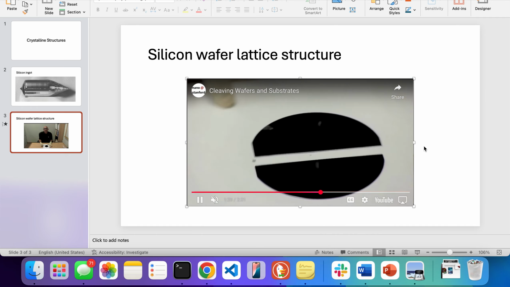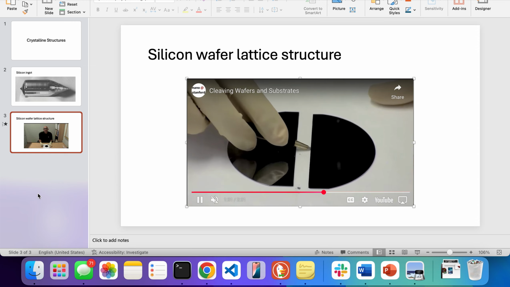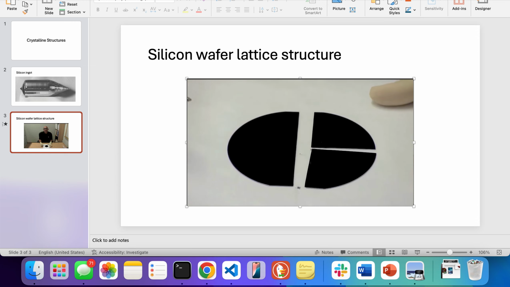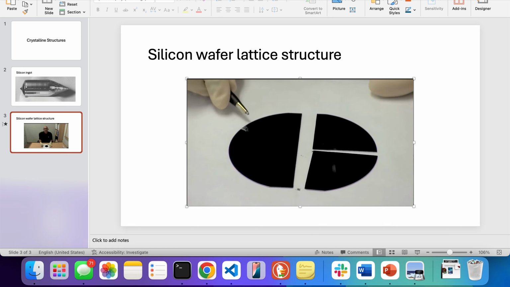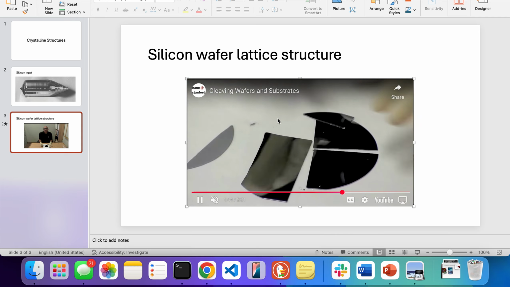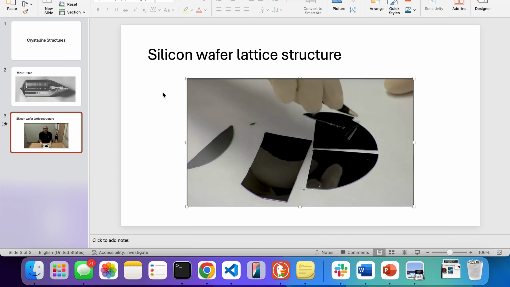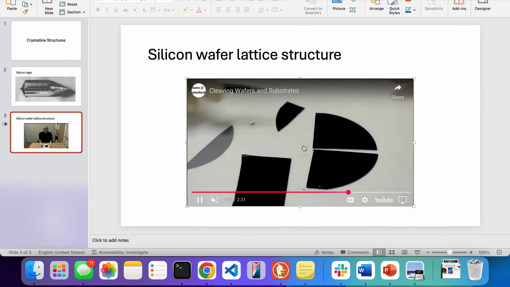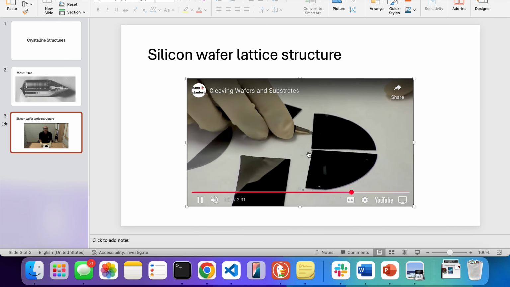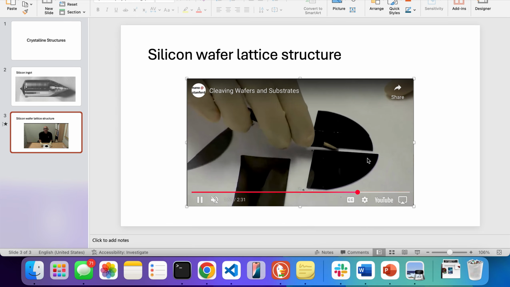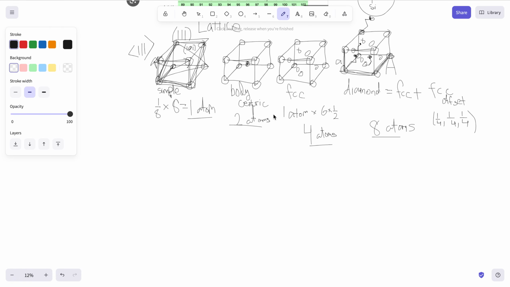Because it breaks in that direction, that's the 1, 0, 0 orientation, and you'll see that no matter how many times you break it, it always breaks in that direction because that's the weakest orientation, the direction the crystal takes. And silicon being so pure as it is, you can see how it's a perfect straight line, and there's no defects when it's cleaved or cut like that. So those are the main properties to know about lattice structures.